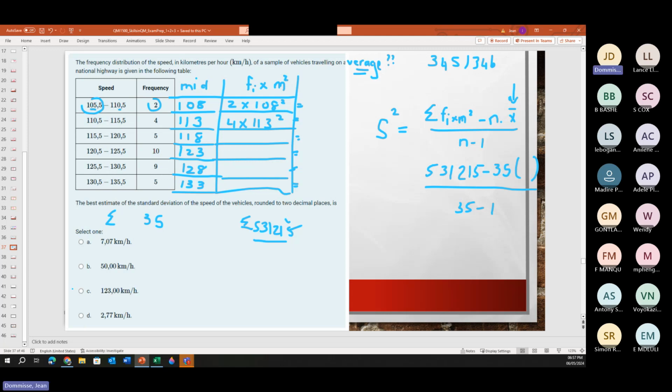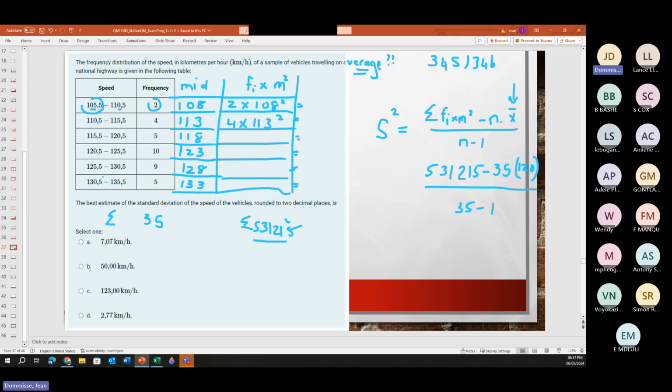Let's quickly check what the mean might have been. So I'm just going to put in a mean. It would probably have been around 120. So let's just put in something like around 120.